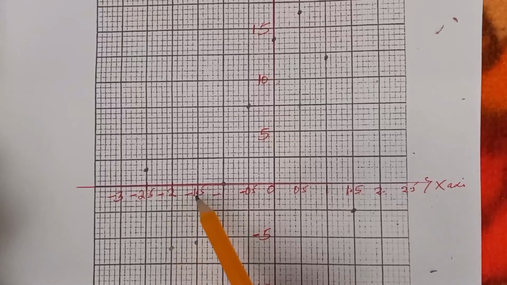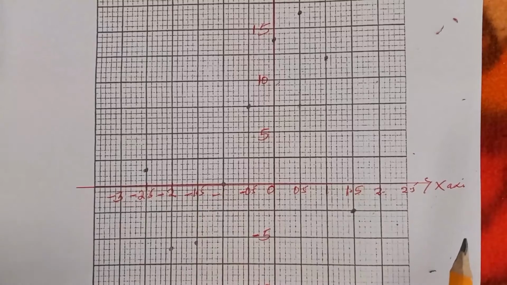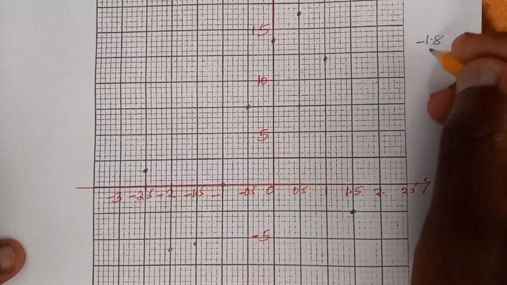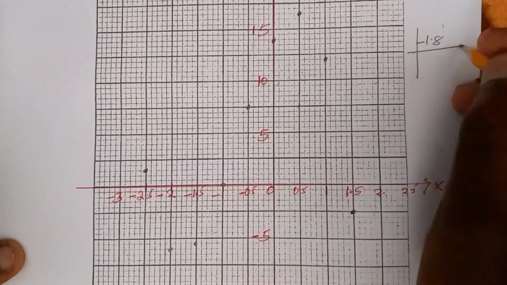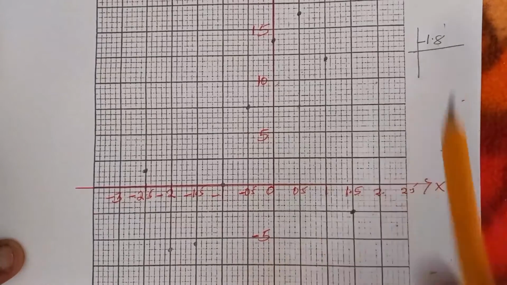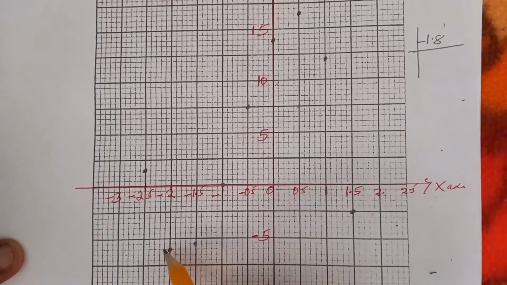You can introduce negative 1.8. Use a calculator to work out that one.